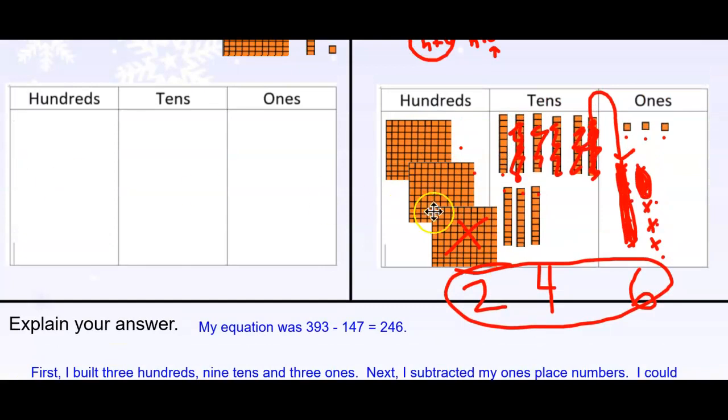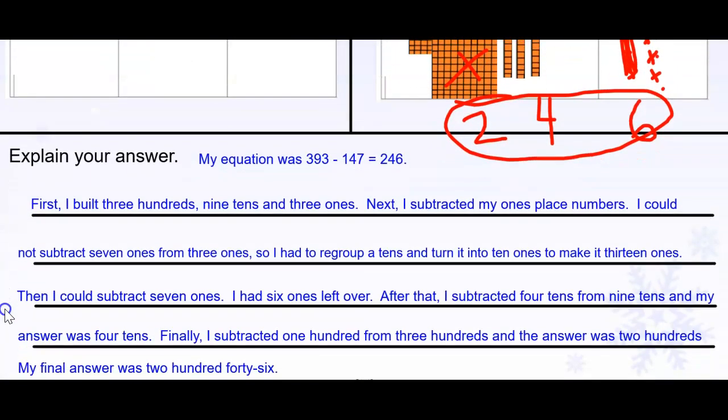Boys and girls, remember when we regrouped a 10 so that we could have more ones in order to subtract 7 ones? But before we crossed off our 7 ones, we had 13 ones there. Okay, then I could subtract 7 ones. I had 6 ones left over.